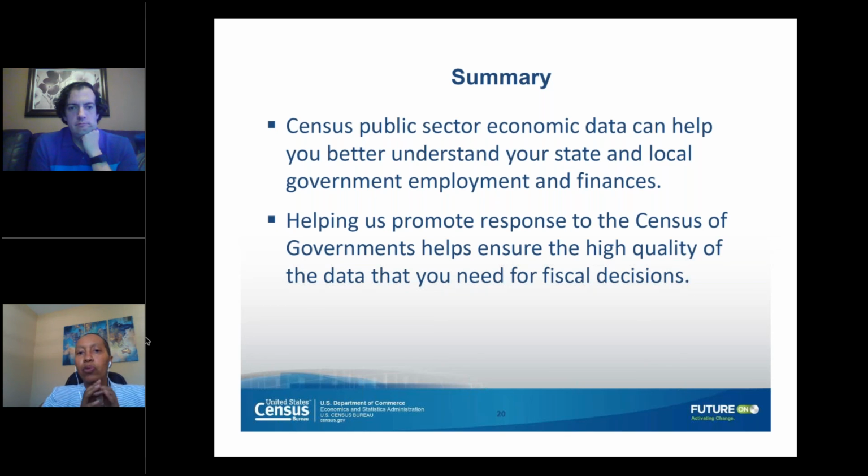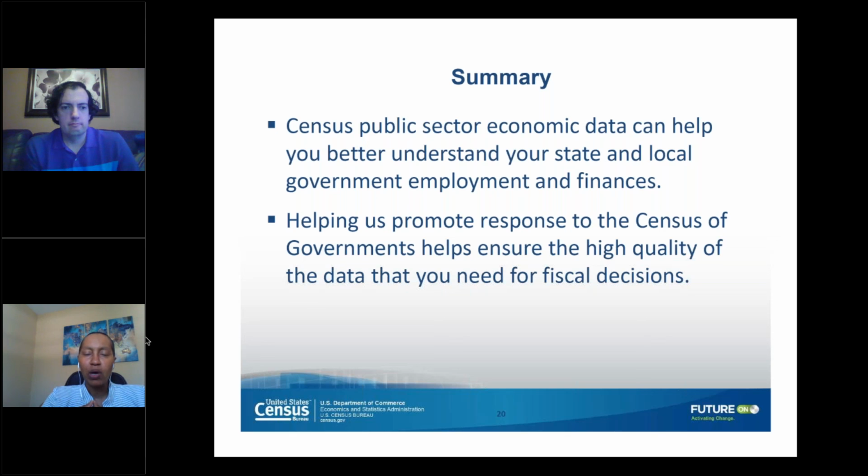So in summary, when I'm thinking about what's important to you and why this is important, the public sector data help you better understand your state and local governments as well as your neighboring governments, if you're interested in what they're doing, their information as well. And it's important because it ensures that we provide the highest quality of data that you will need or that will help your state make financially good fiscal decisions.